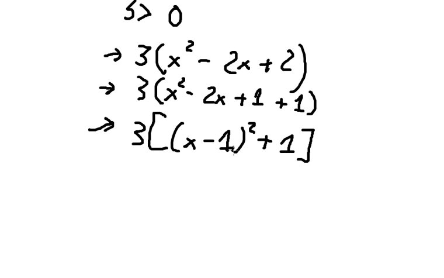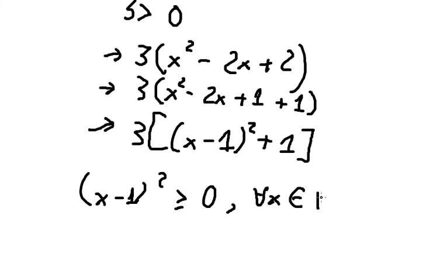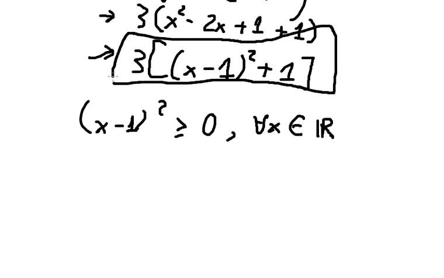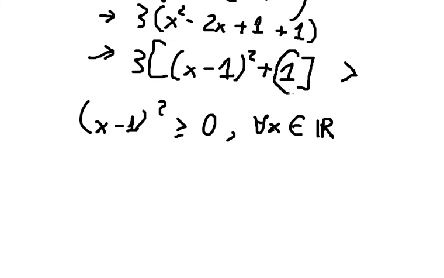We know that s minus 1 to the power 2 is an even power, so it always gives positive numbers. That means everything here is always greater than or equal to 0, and now we add the positive number 1, so it is greater than or equal to 1.